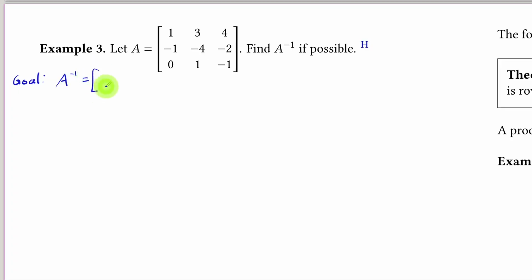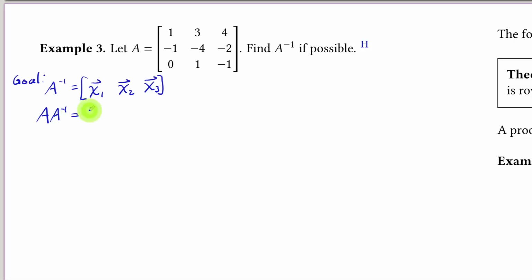Let's say it has columns x1, x2, and x3. The goal should be that if we do A times A inverse, we should get the identity matrix. And remember, the columns of the identity matrix are e1, e2, and e3, so we're going to write it like that.